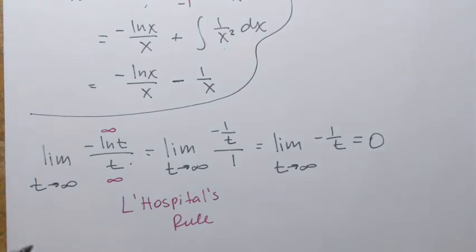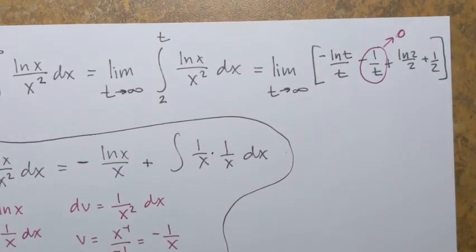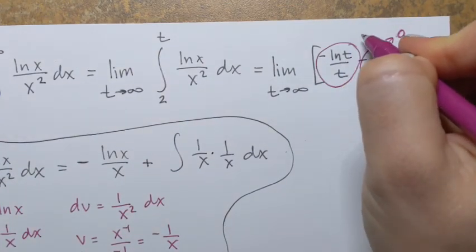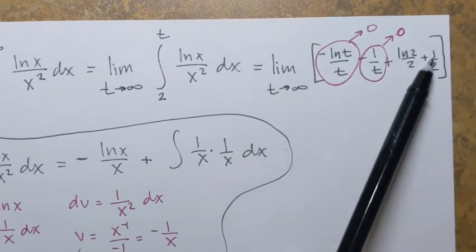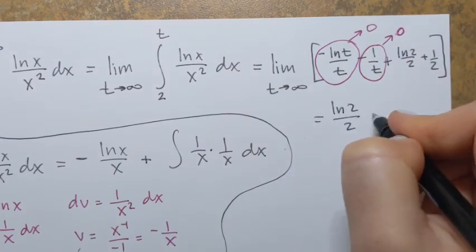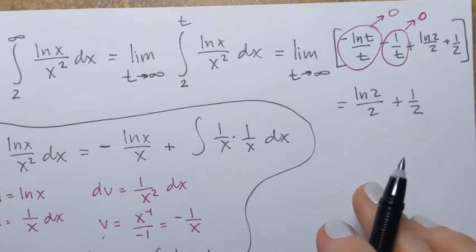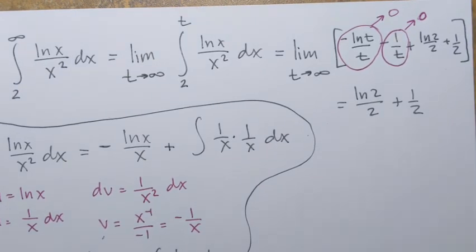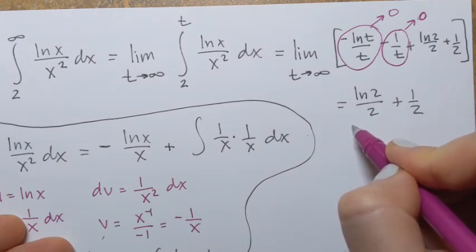So since this limit equals 0, I'm going to go back to this result. So that approaches 0, we just figured out. So we're left with the limit of that constant, which is ln of 2 over 2 plus 1/2. And I don't need to approximate it. I don't need to combine or do anything else with it. I just need to record the fact that that's a constant.